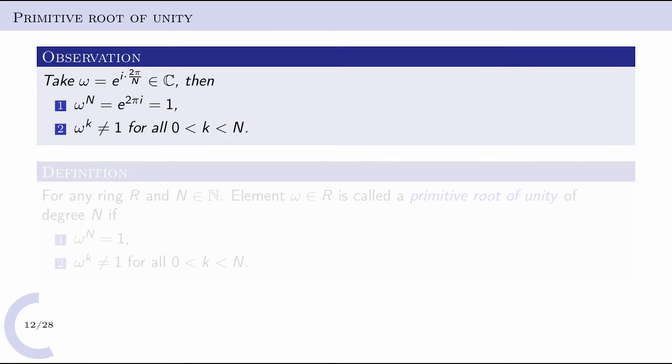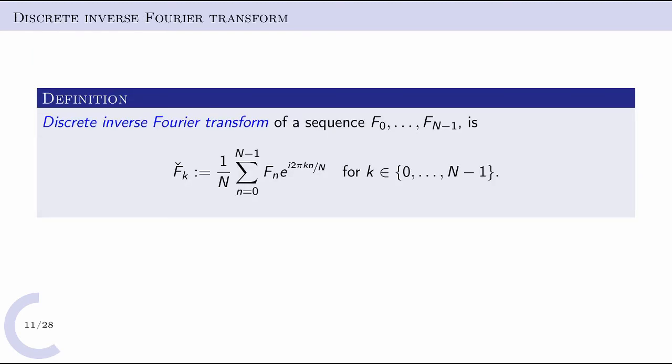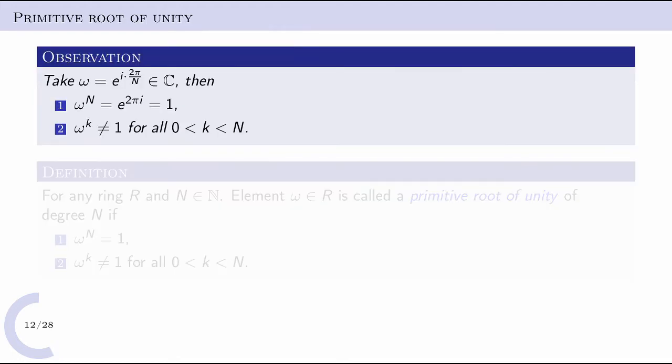Let us look at this exponent which appears in the definition of the Fourier transform and inverse Fourier transform. This is e to the power 2 pi i k n over n. So if we put this k outside, we can think of e to the power 2 pi i over n and exponents of this number.